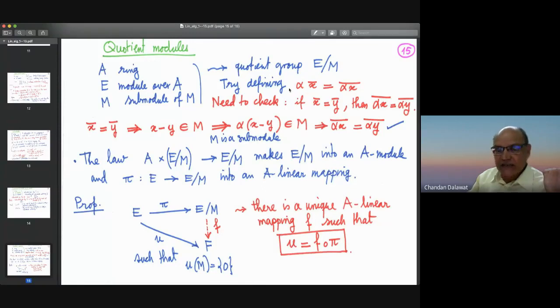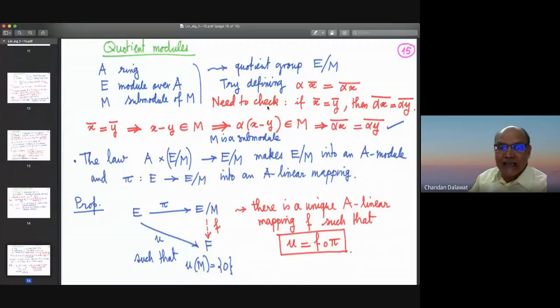before you can define such a thing, you have to verify that if x bar is equal to y bar, then alpha x bar is equal to alpha y bar. And that's easy to verify because x bar equals y bar means that x minus y is in M. M is a submodule, so alpha times x minus y is also in M. And that means alpha x minus alpha y is in M, and that means that alpha x bar is the same as alpha y bar.